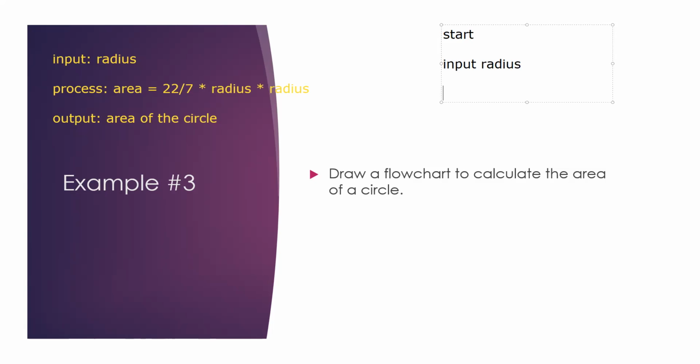Then we can say area equals pi into radius into radius. Then we can say print area. And finally, we can say stop, or we can say end. That's all.